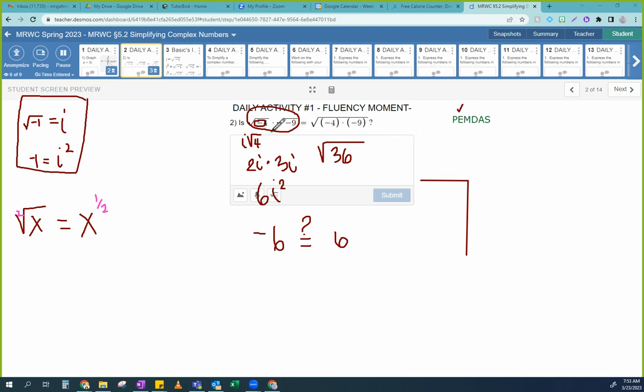So look at where E and M are. There's a clear order of operations there. First do exponents, then you can do multiplication, right? So you can't switch those two.